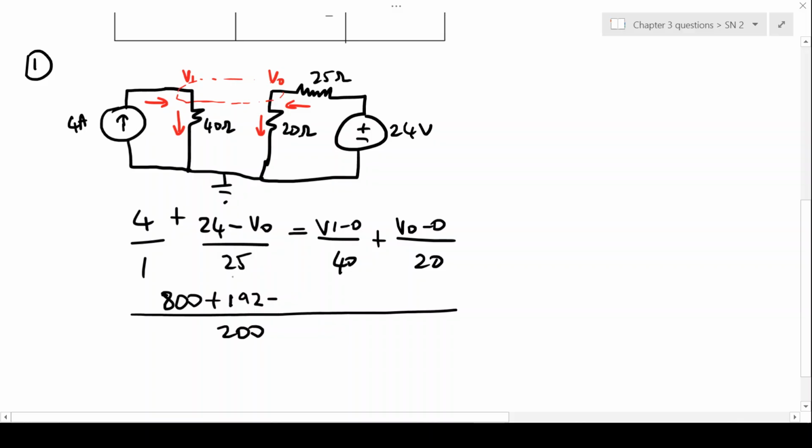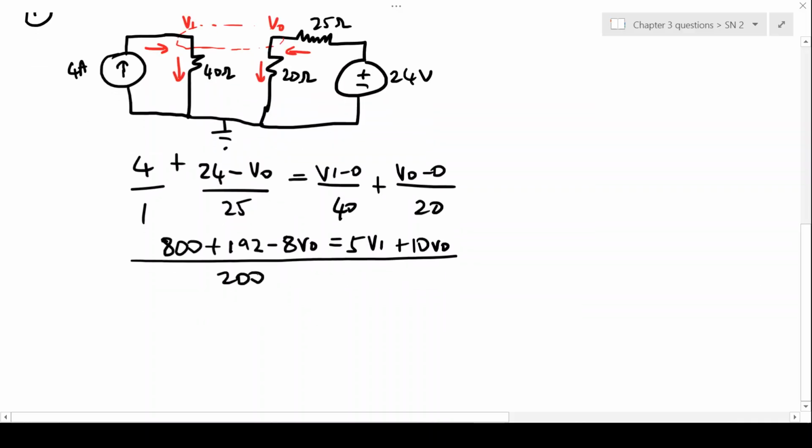Minus again 8 V0, and 40 to 200 will be 5, so it will be 5 V1, and then 20 to 200 will be 10, so that will be plus 10 V0.